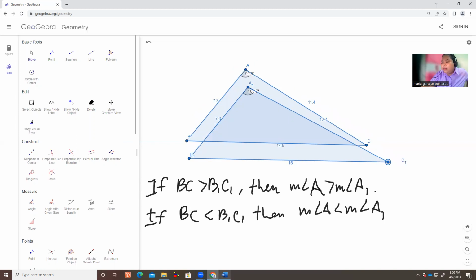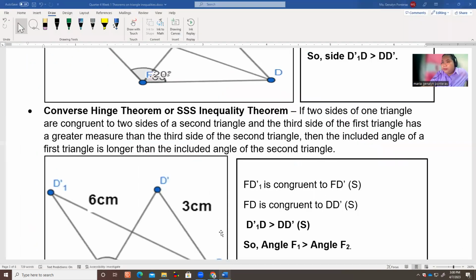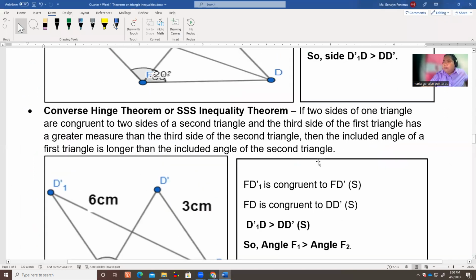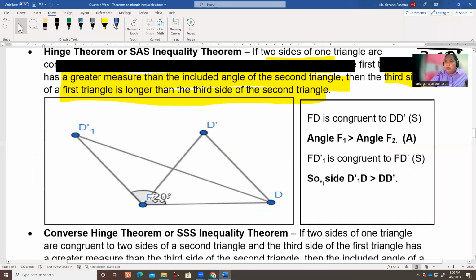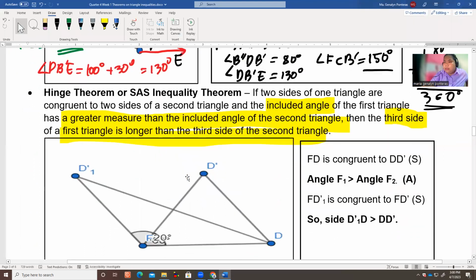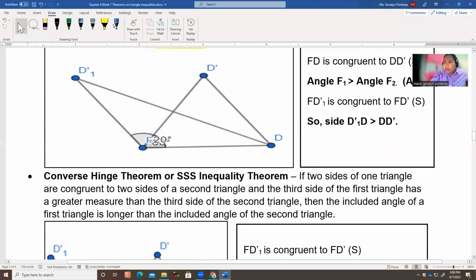And so that's how we illustrate the triangle inequality theorems. So, nagkaroon tayo ng converse ng Hinge theorem from triple S inequality theorem. Nagkaroon tayo ng Hinge theorem from SAS congruence postulate. So, ito, si converse ay coming from triple S congruence postulate.